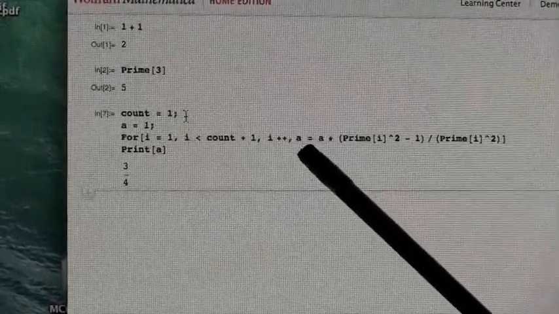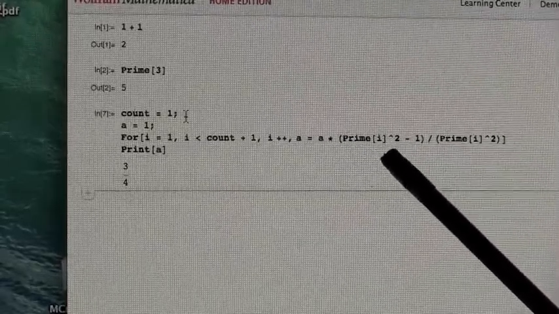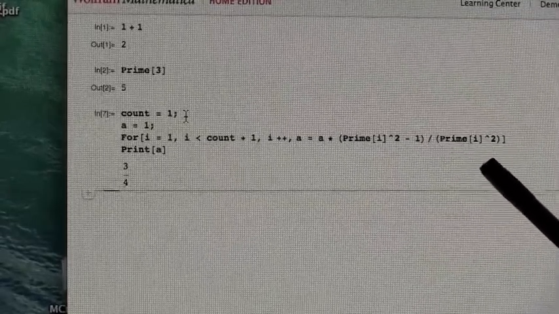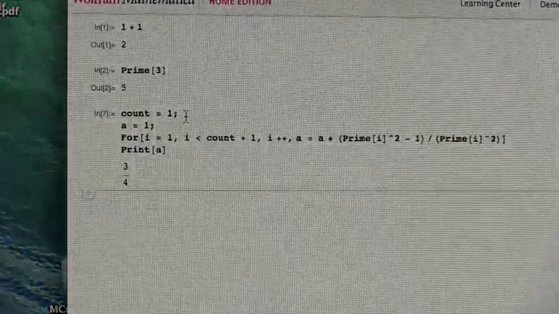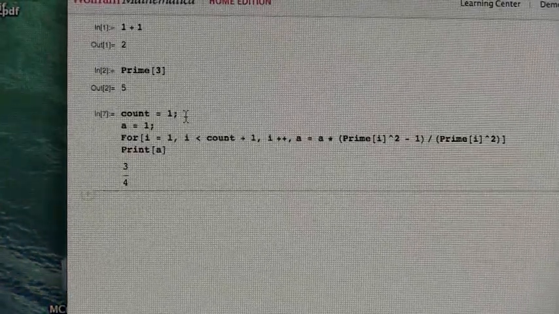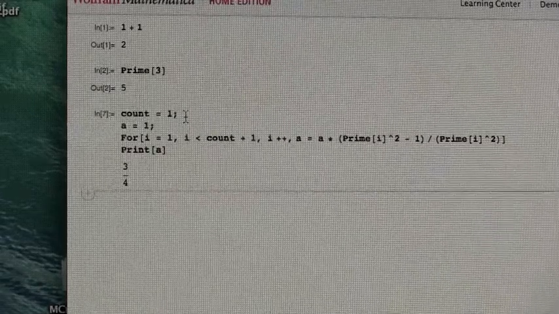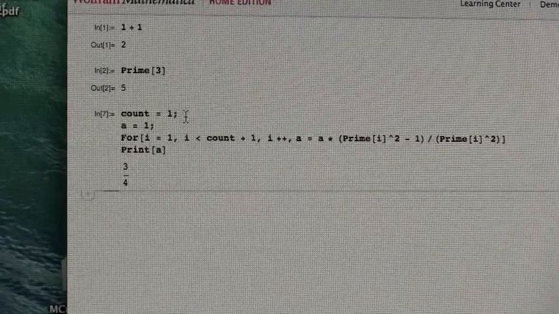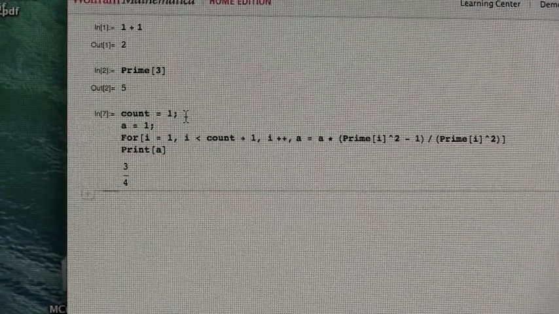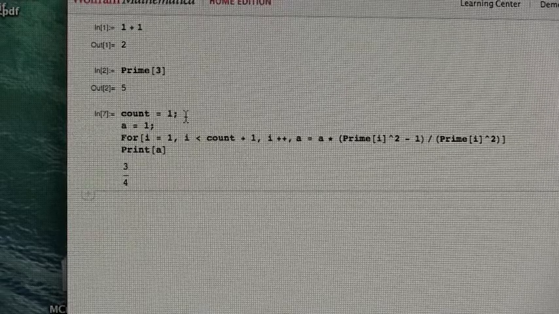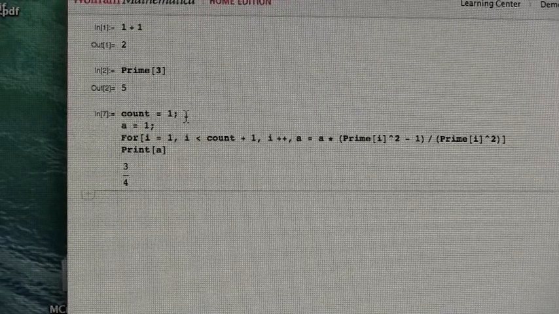And I do my product equals the product times prime squared minus 1 over prime squared. Whoops. Why is it prime squared minus 1 over prime squared? Prime is the number. If you do like prime 3, it's the third prime. Okay. And what were the products that we were looking at?